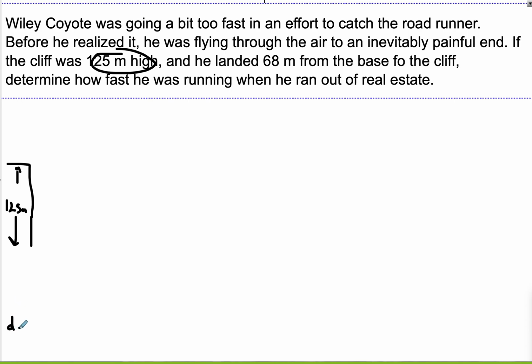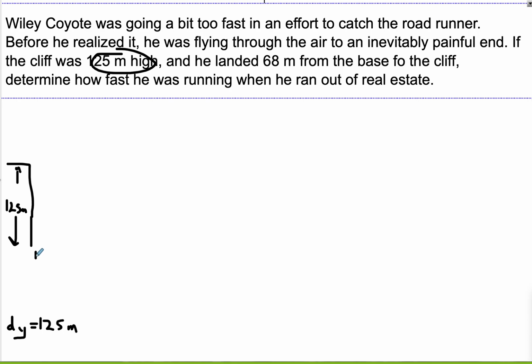I'll write it down separately here, but the height is always dy. That's what we can use to find the time in air. Because as long as it's launched horizontally, the only thing that determines how long it's in the air is the height that it falls from.